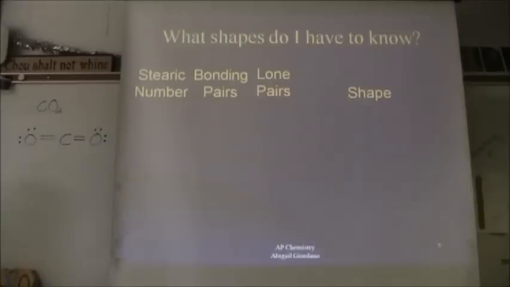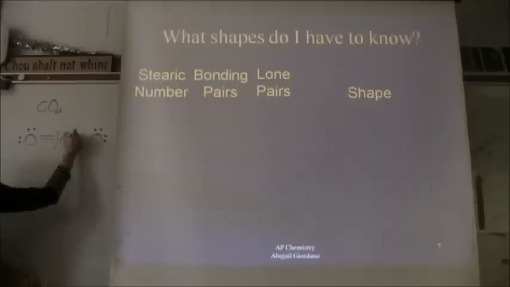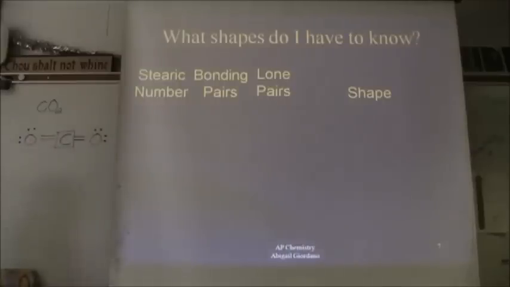Okay, now, when you are trying to figure out what shape a molecule has, first and foremost, your eyes should be focused on the central atom only. Okay? And I want you to imagine that there's like a box around that central atom.